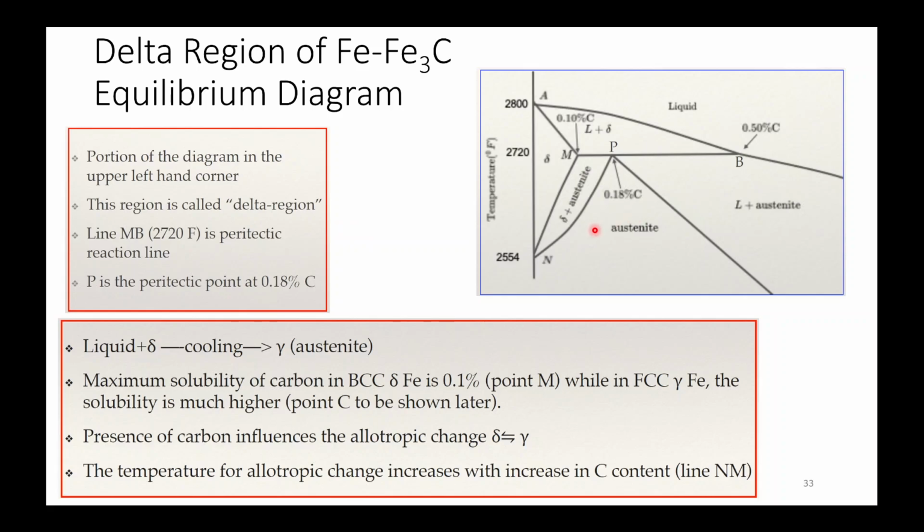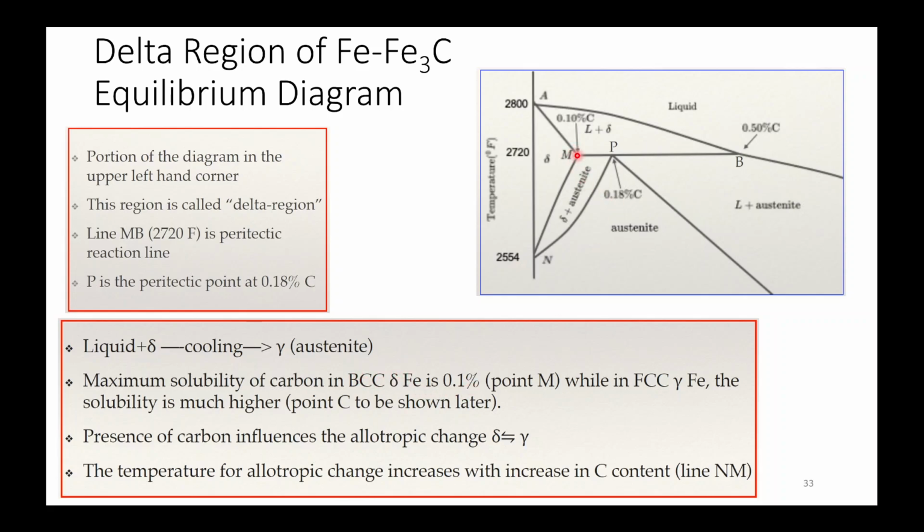Okay, so now in the case of your peritectic reaction, this is the portion of the diagram in the upper left hand corner, and this region is called the delta region, and here line MP is your peritectic reaction line. And your liquid plus delta will be converting into austenite, and the maximum solubility of carbon in BCC delta iron is 0.1 weight%.